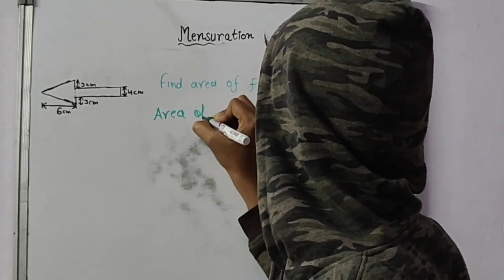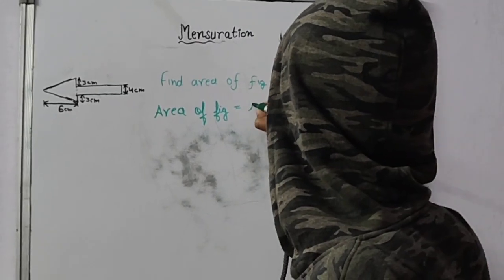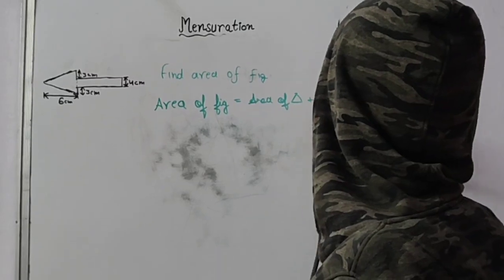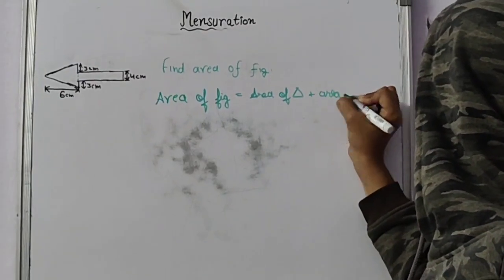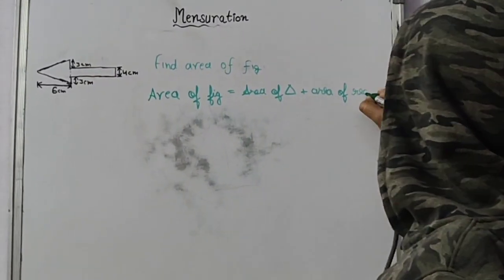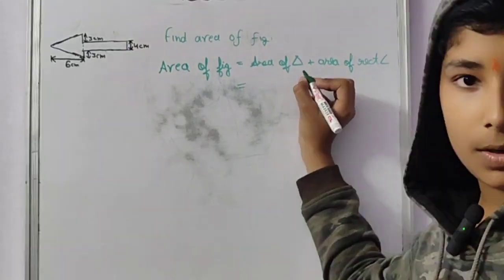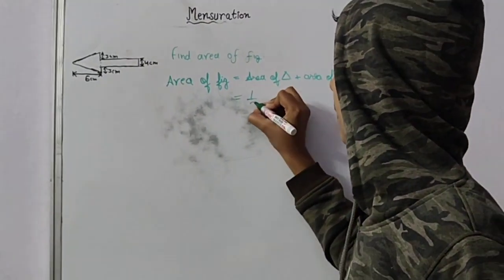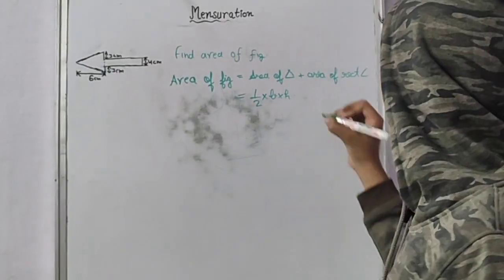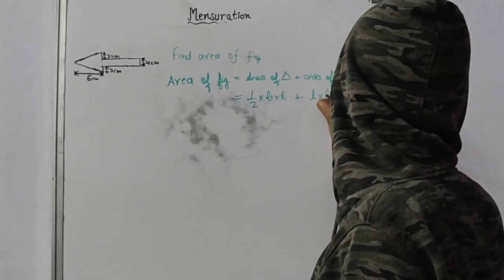Area of figure equal to area of triangle plus area of this one, rectangle. We know that the area of the triangle is half into base into height, when the height is given, plus area of rectangle is length into breadth.